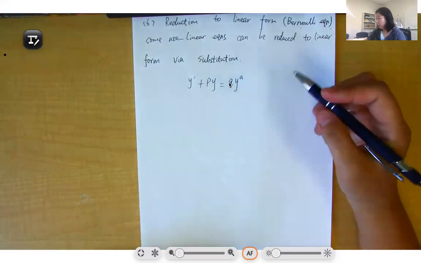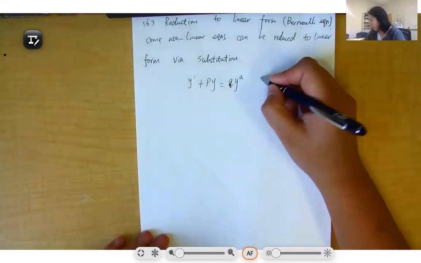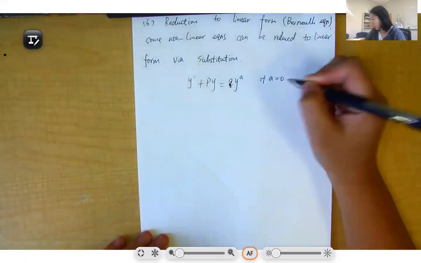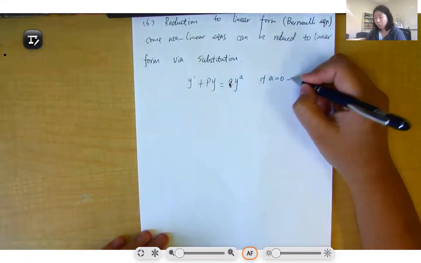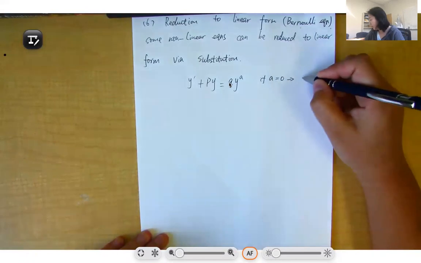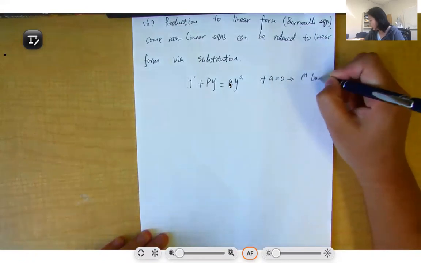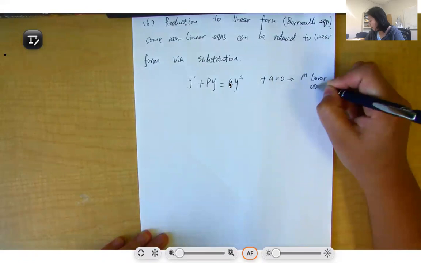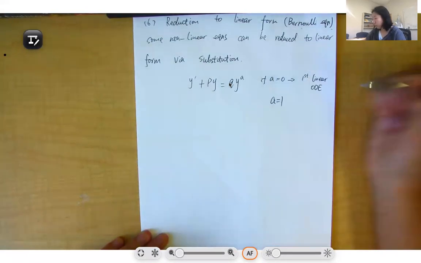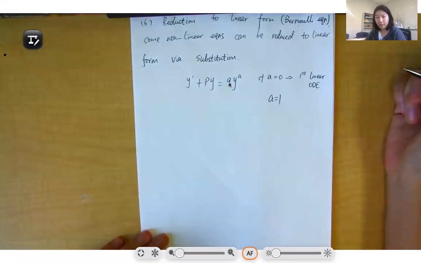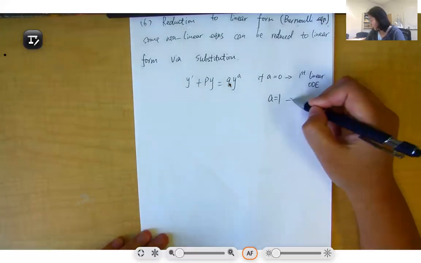Note that if a equals 0, that is a linear form. It's just q, which is a linear ODE. If a equals 1, then you can basically do the separable form.